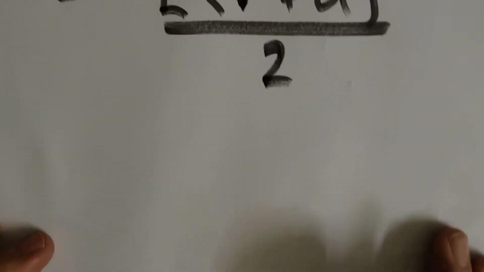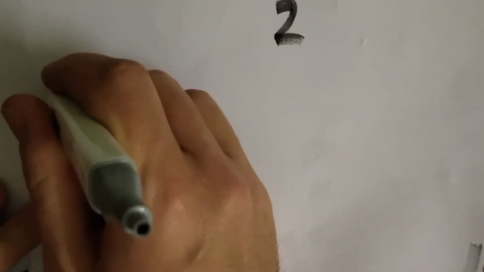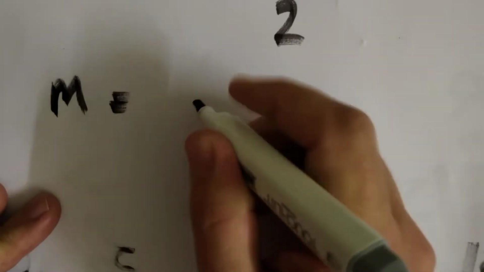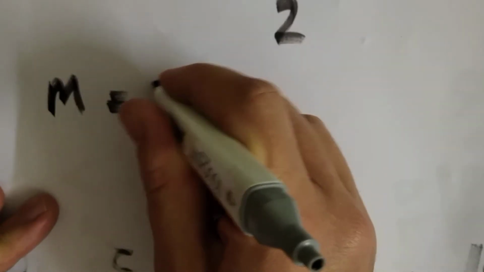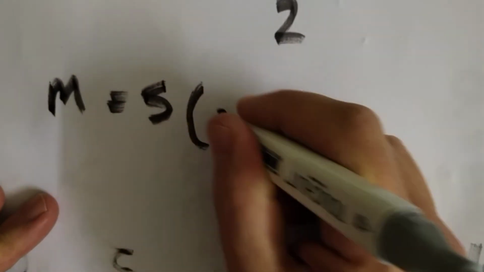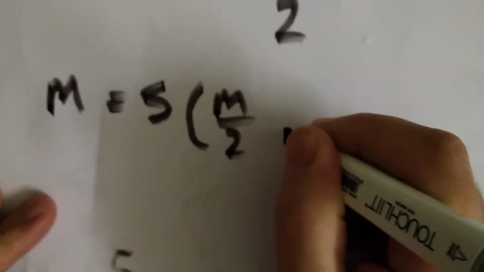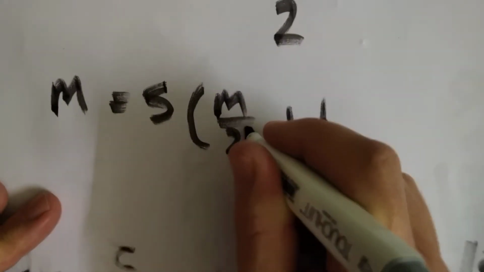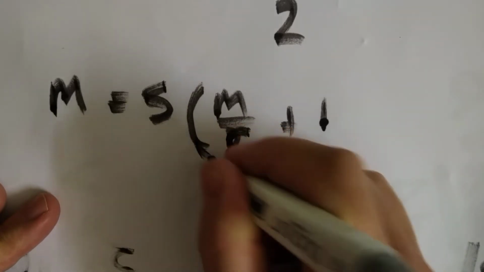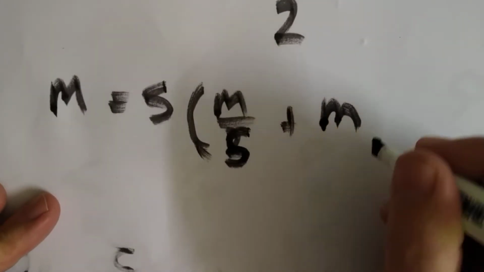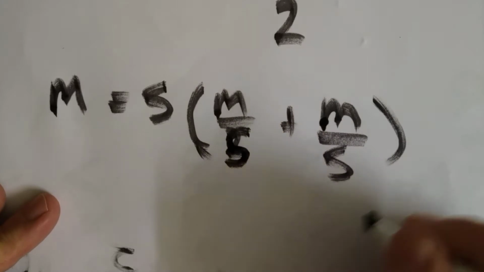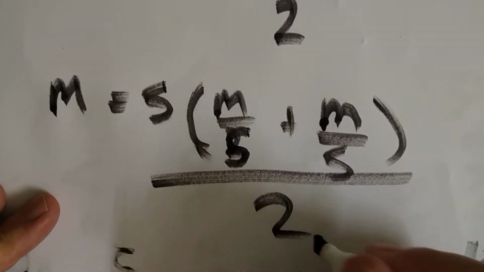Okay, so let's go ahead and put our units in. So s is meters, and we've got seconds, and we've got meters per second plus meters per second, divided by 2.